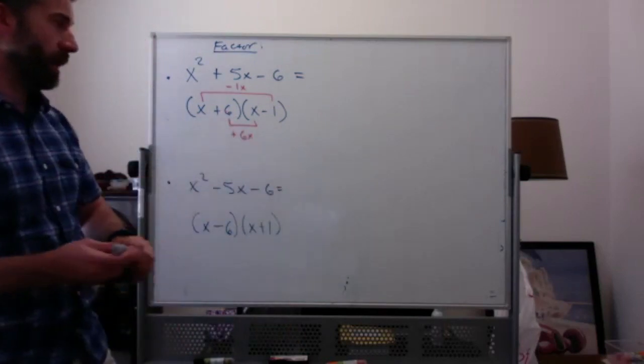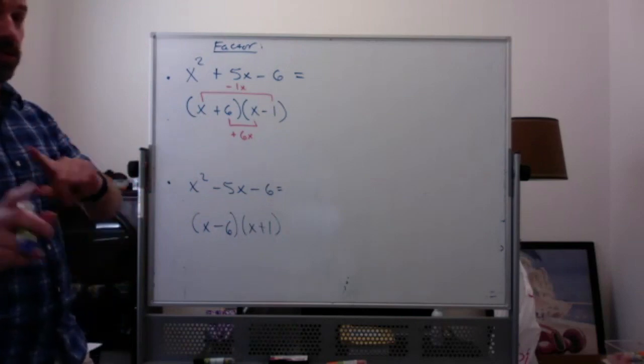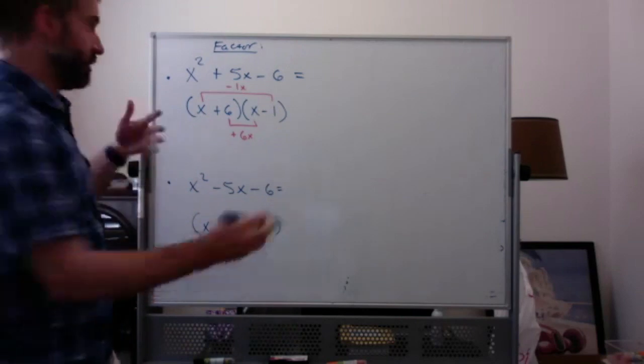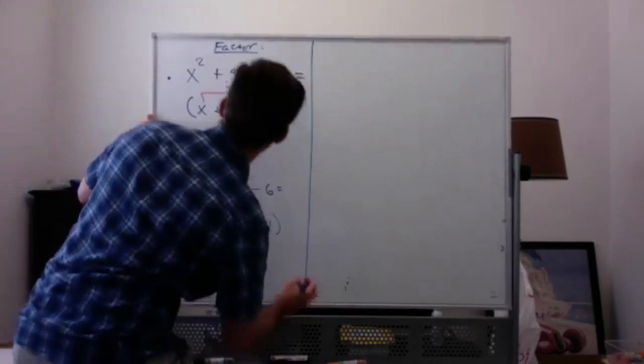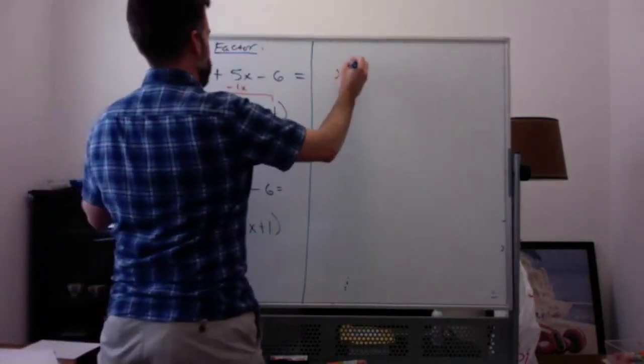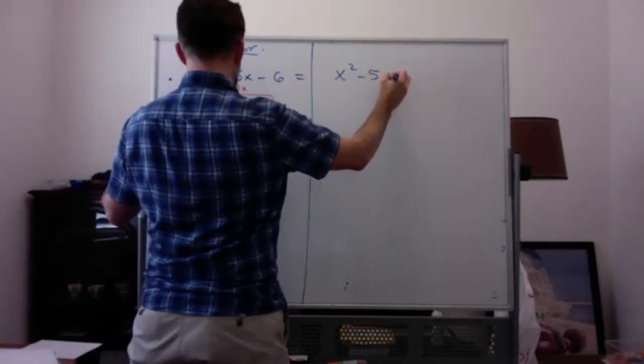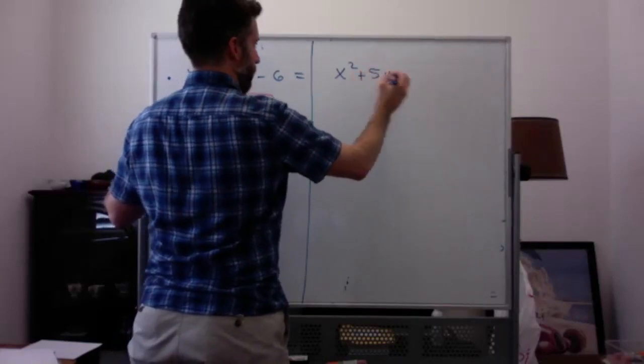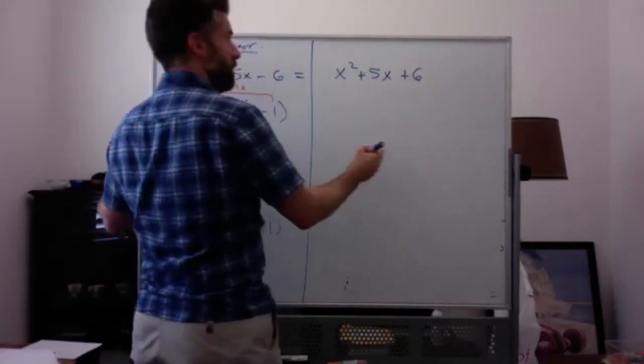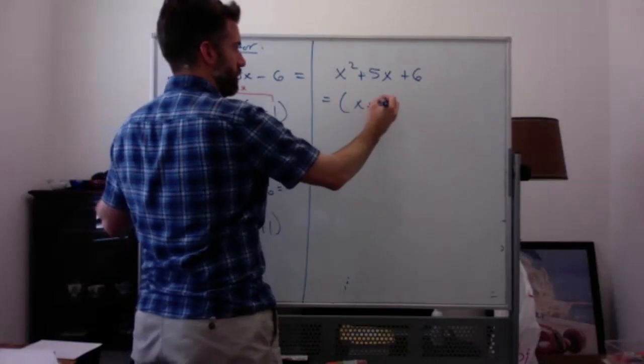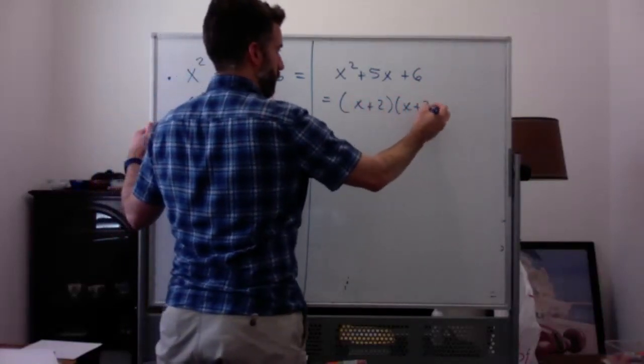What I imagine happened is, I'll just write down those other two again because they were all actually different. The other two that I had before were x squared plus 5x plus 6, which is going to factor as x plus 2 times x plus 3.